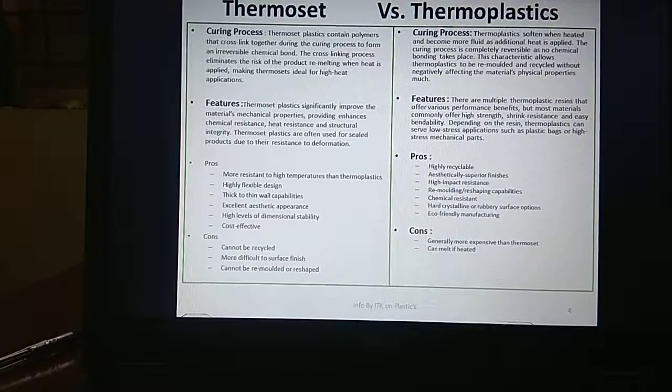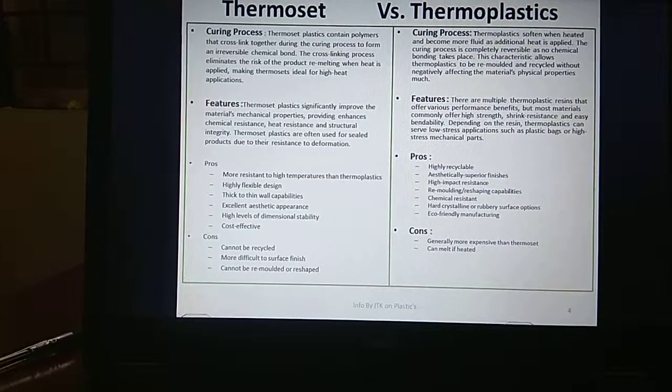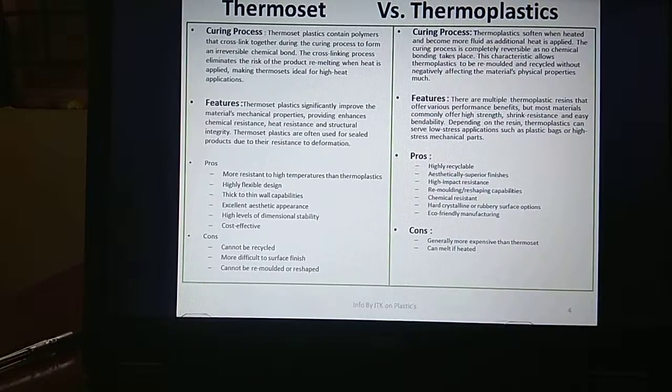More resistance to high temperature than thermoplastic, high flexibility in design creativity, and different possibilities of thickness you can manufacture with these materials. They provide excellent aesthetic appearance, a high level of dimensional stability, are cost effective for low to medium volumes, and suit specific applications based on the nature of use.